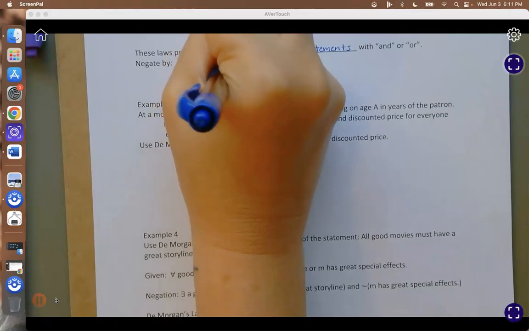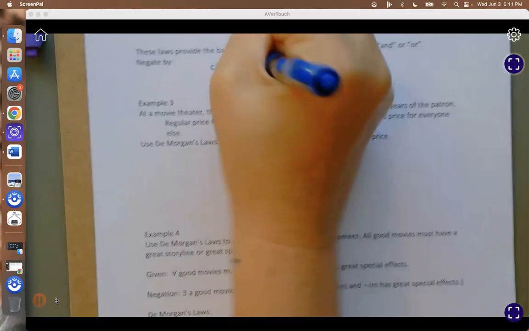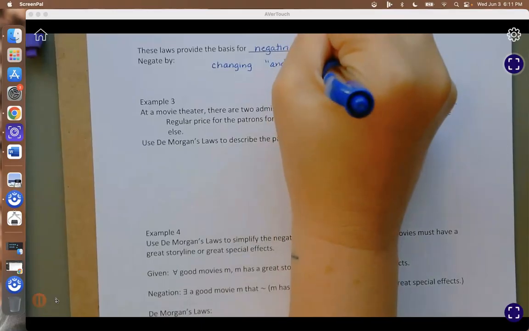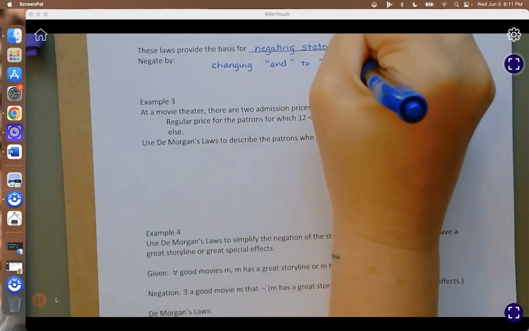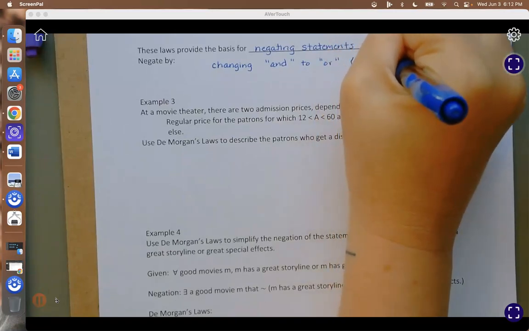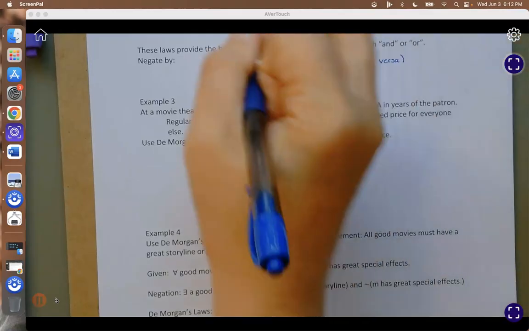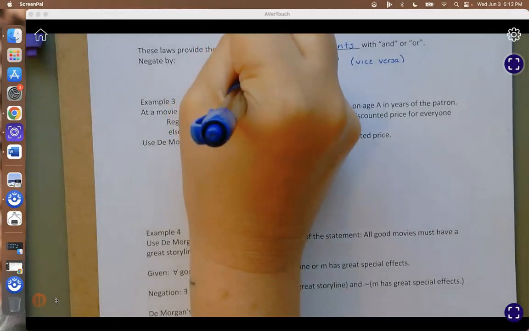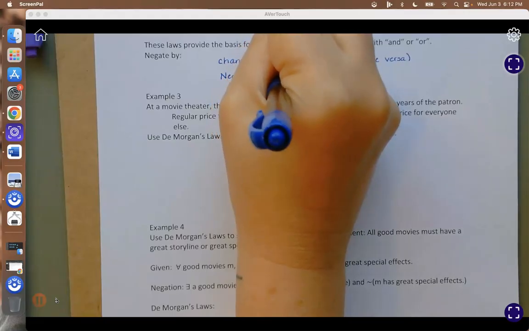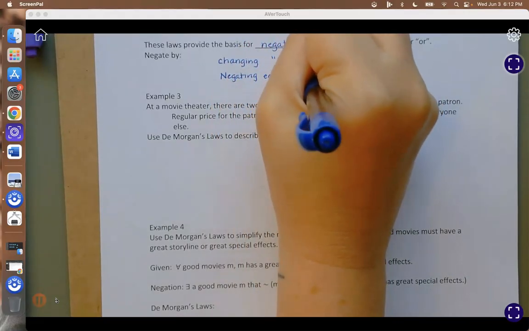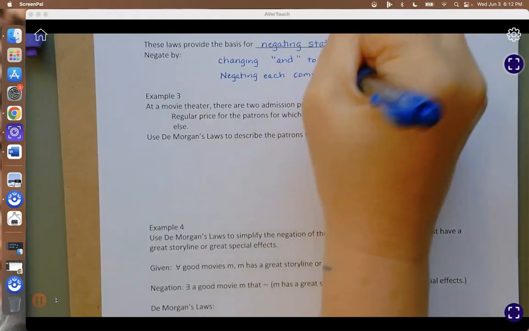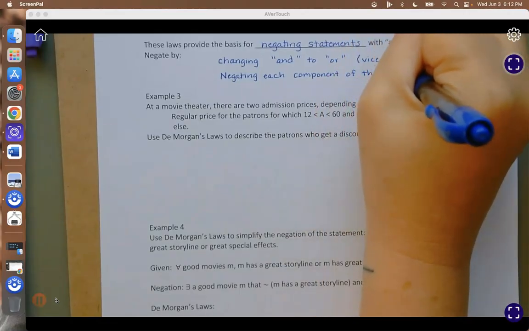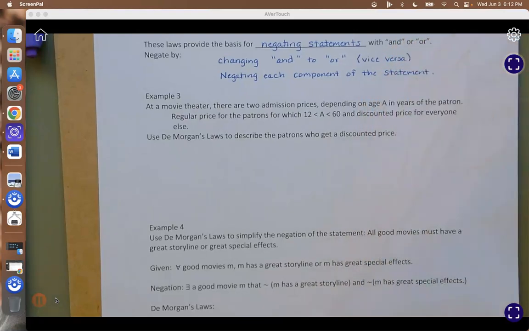Okay, so changing and to or, and in parentheses here, vice versa, which means changing or to and, negating each component of the statement. All right.